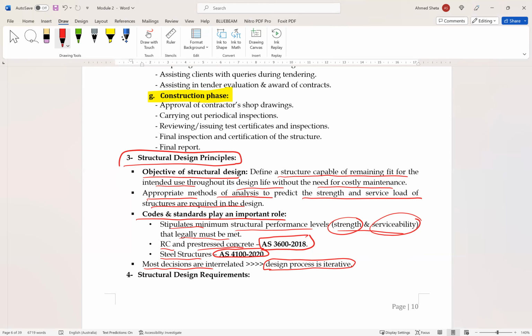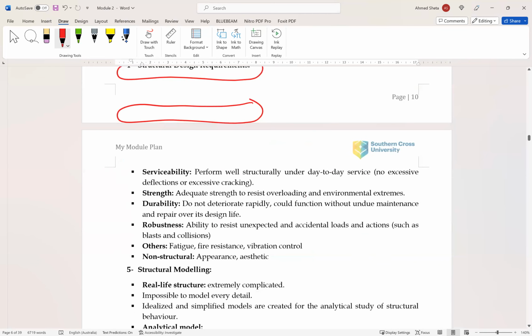The next point is the structure design requirement. For the design requirements, the first point is serviceability, and then strength, durability, robustness, and others, including fatigue, fire resistance, vibration control, or any special requirement.